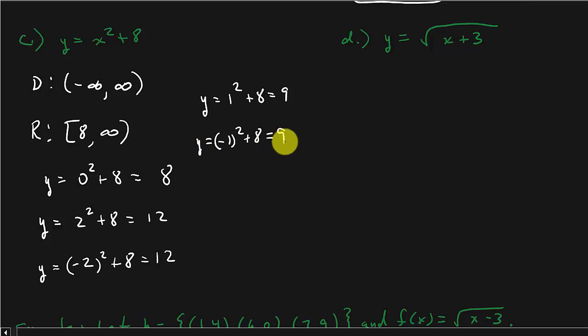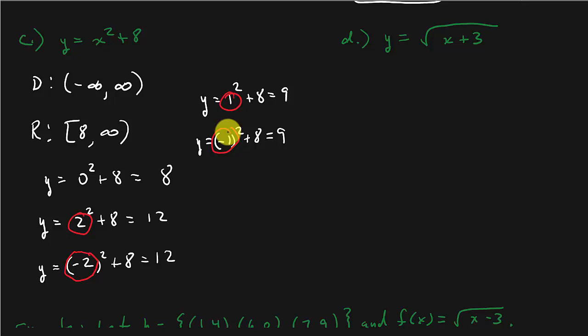Okay, so hopefully you can see that no matter what value I plug in for x, I'm never going to get a number smaller than 8. Whether that x value is positive or negative doesn't matter, because I'm squaring it. Anytime you square a number, you get a positive, and then I'm adding 8 to it.